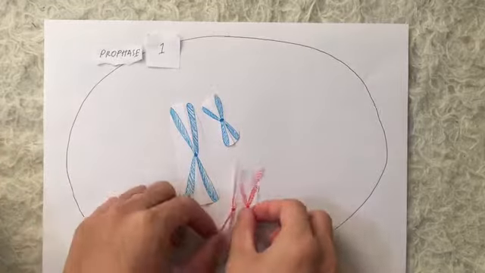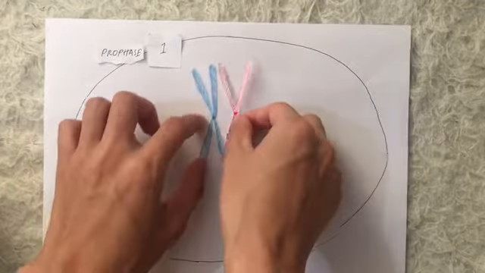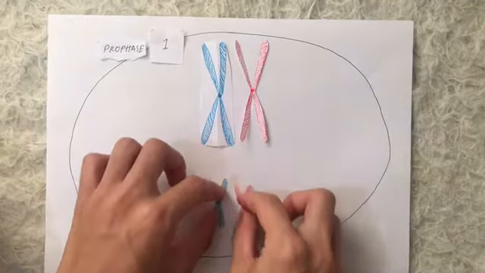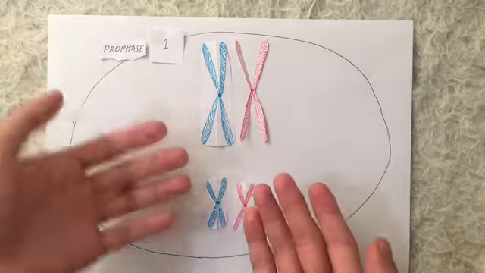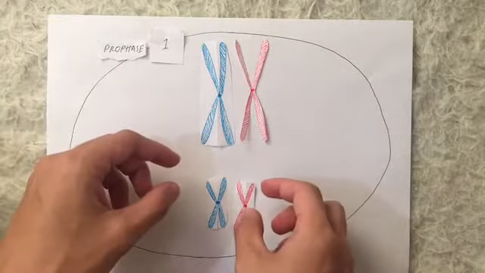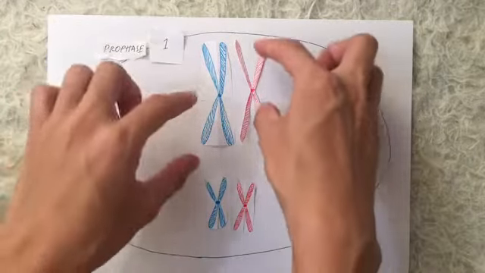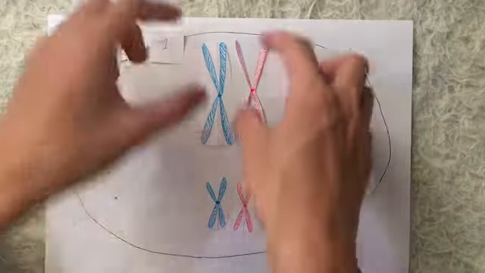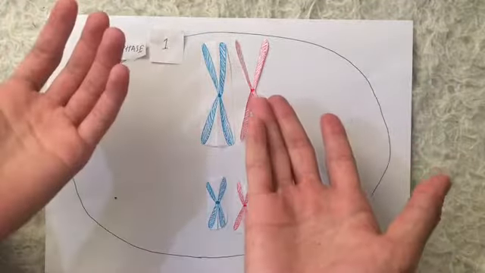Before crossing over can happen, you must pair the homologous chromosomes together. It's easy to know whether chromosomes are homologous to one another by generally just seeing the size. So this one is the same size, and usually the same size means homologous chromosomes.